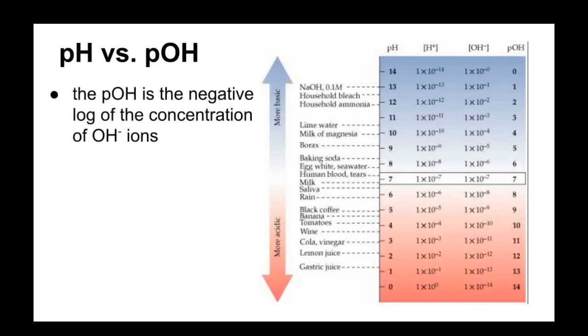The pOH is the negative log of the concentration of OH ions, so the pOH and the pH are always going to add up to 14. So here's something that's very basic. If you have a high concentration of OH molecules, so 1 in 10 is an OH molecule, but 1 in many zeros later is the hydrogen ion concentration, then they both are always going to add to 14.